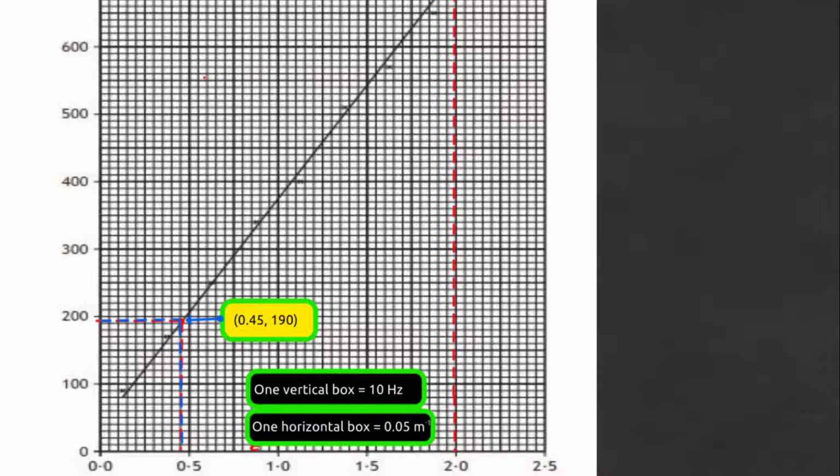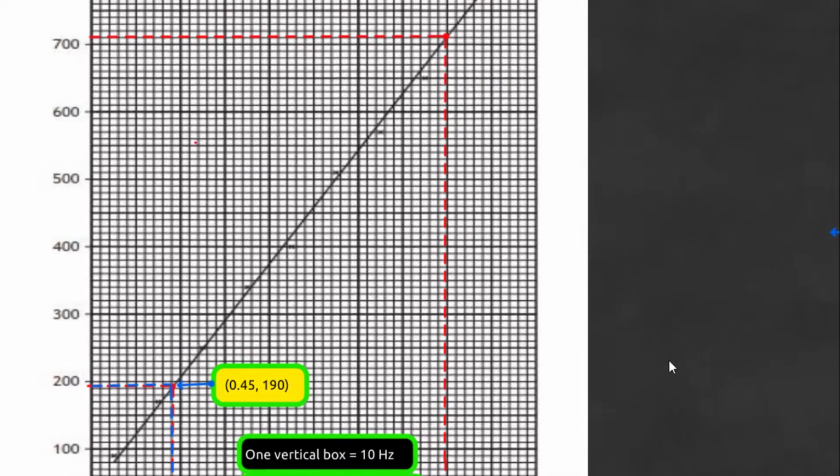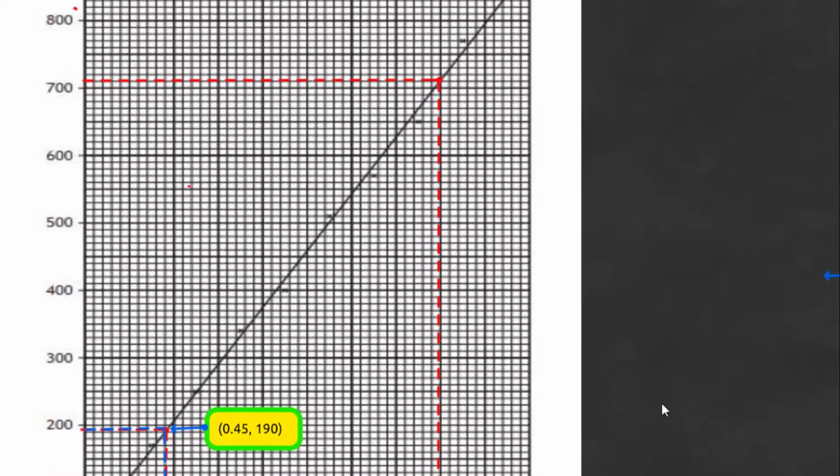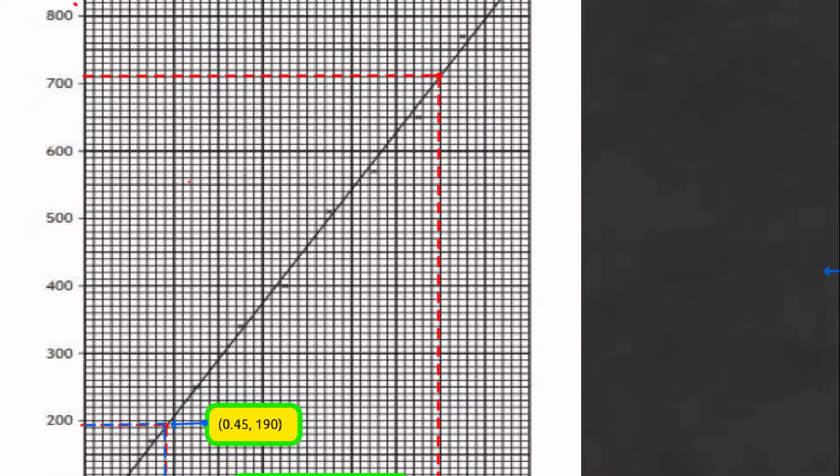So we've got our first coordinate. Our second coordinate is found by the same method, and that gives us a second coordinate up here, crossing the box to be 2 and 710. So we've got our 2 coordinates now.